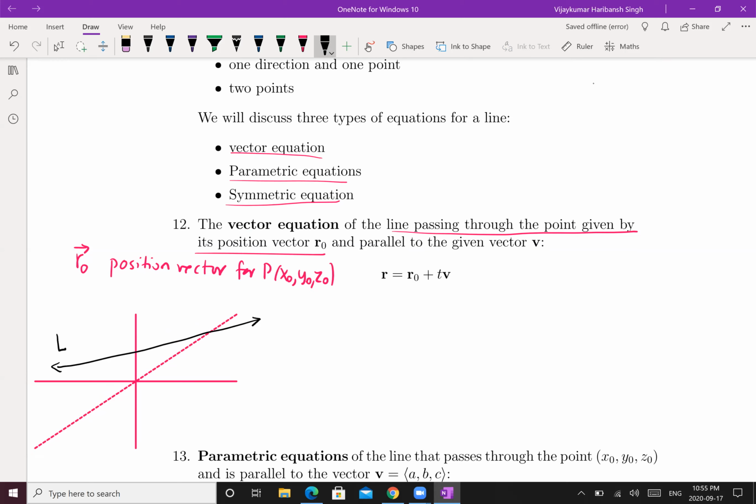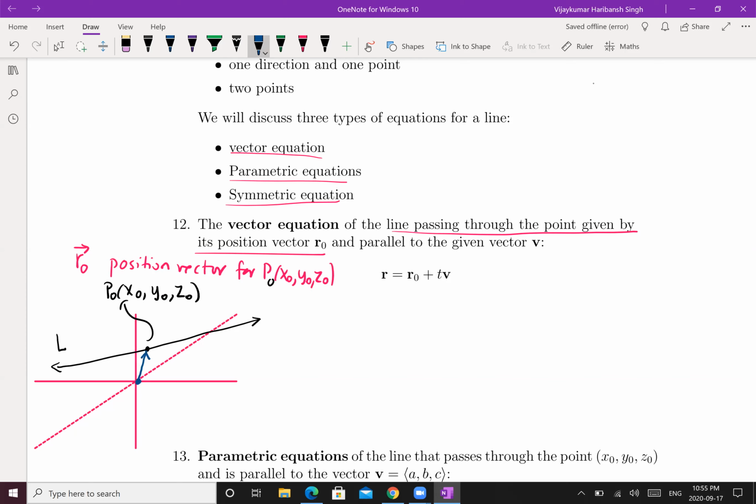The point is P0, which is x0, y0, z0, and the position vector of this point is r0.